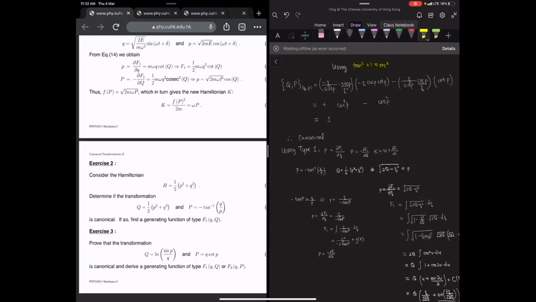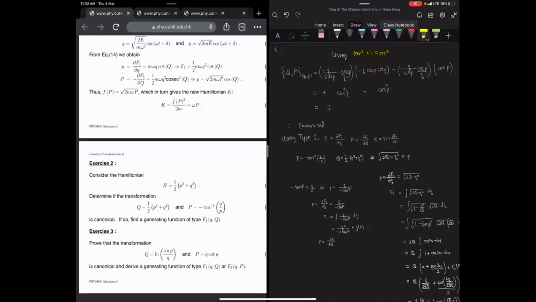We can use the definition: round Q over round small q times round P over round small p, minus round large Q over round small p times round large P over round small q.